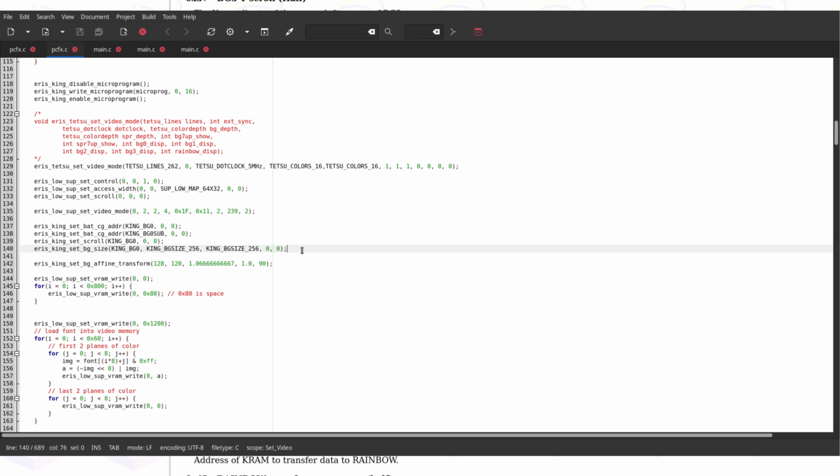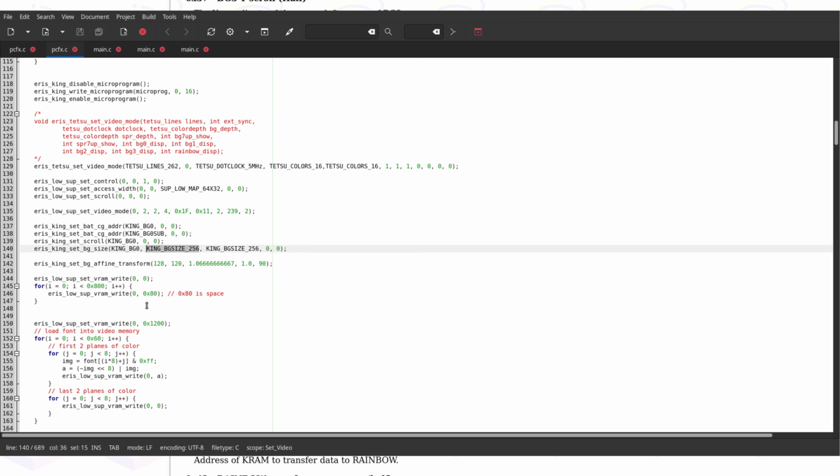Another odd thing is, if you rotate and the background is the whole screen size, graphics are going to wrap around. For example, if you rotate the background this big, it's not actually going to crop the graphics. It's going to wrap around.